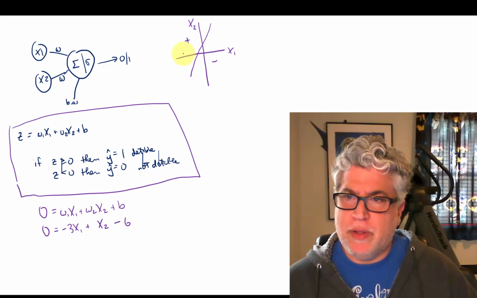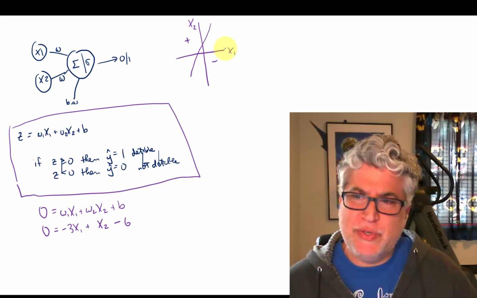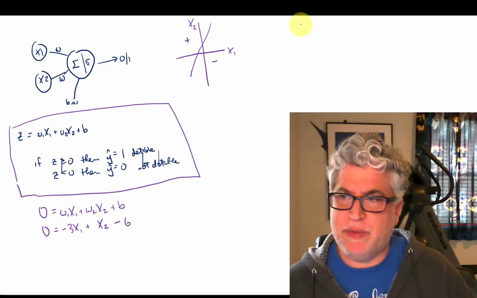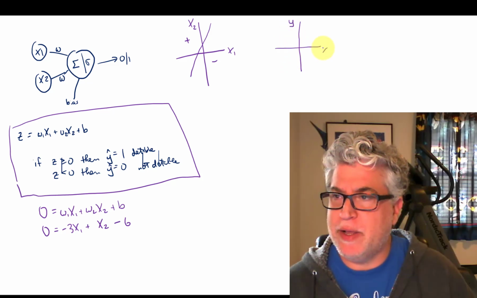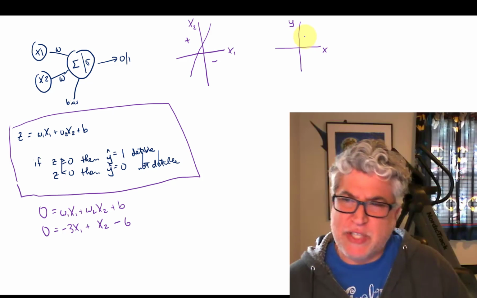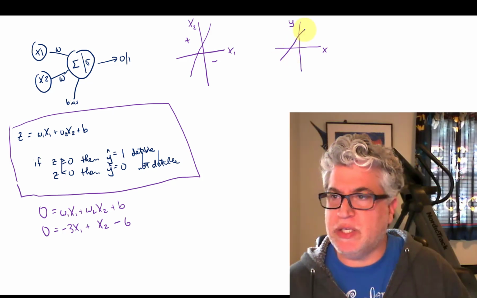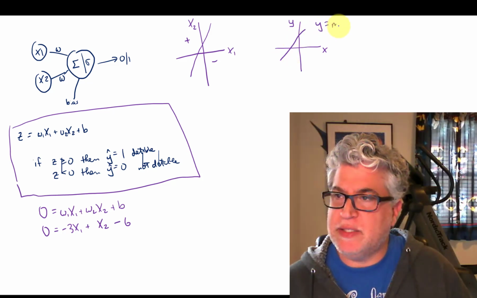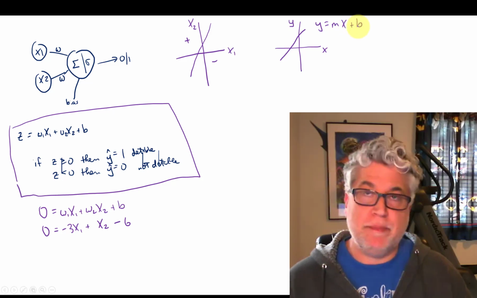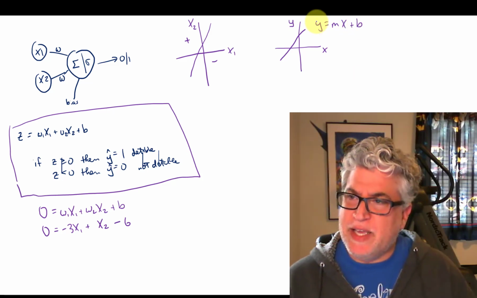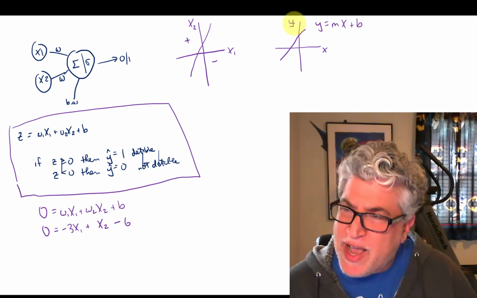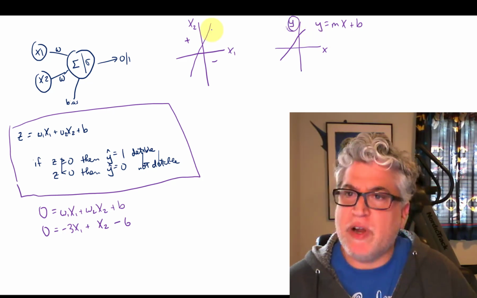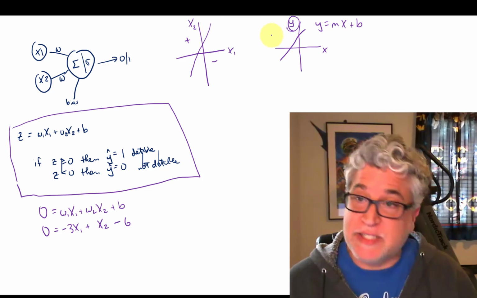All right, now we have x2s and x1s. For a second, I just want you to forget that and just remember high school when you were plotting y's and x's. And if I asked you what the equation of a straight line was, you would have said y is mx plus b. The idea is that we have some line, and I want to isolate whatever variable is on my vertical axis.